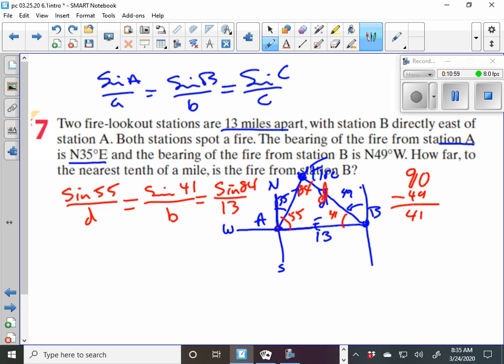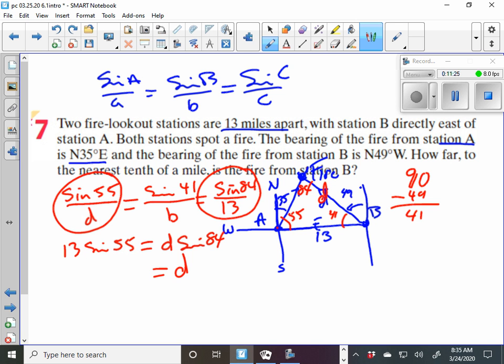I now have that completed ratio, and you know that I'm trying to find D, right? So we didn't need everything, but now I can cross multiply. 13 sine 55 is equal to D sine 84. We need to isolate D. We know D is going to equal 13 sine 55 divided by sine of 84.